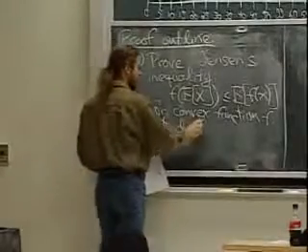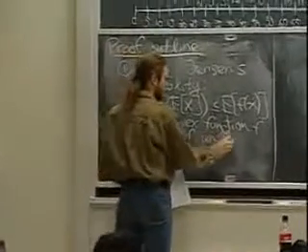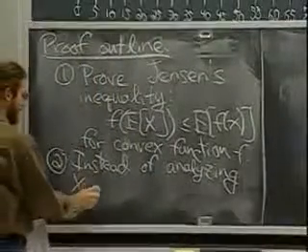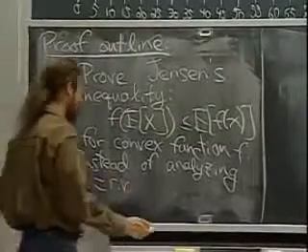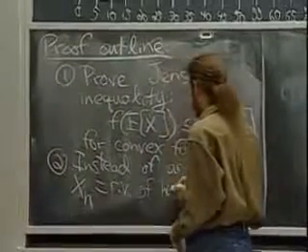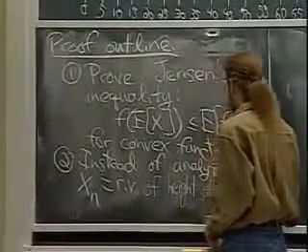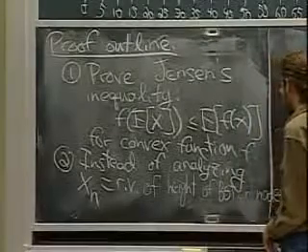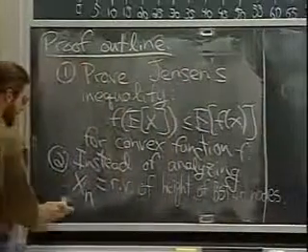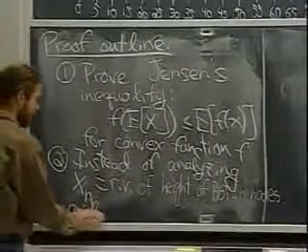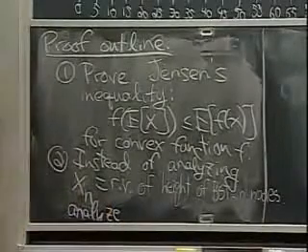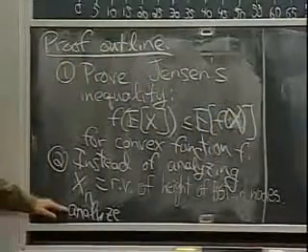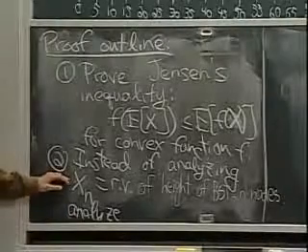is, instead of analyzing the random variable that tells us the height of a tree, X_n, the random variable for the height of a randomly constructed BST on n nodes, we can analyze any convex function of X_n.